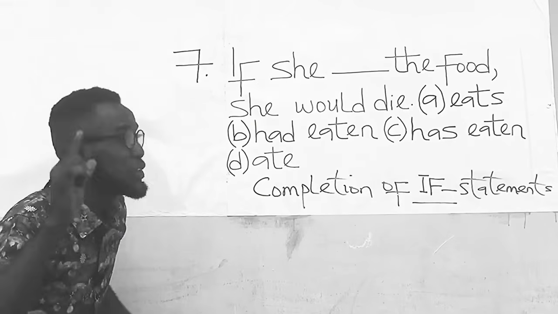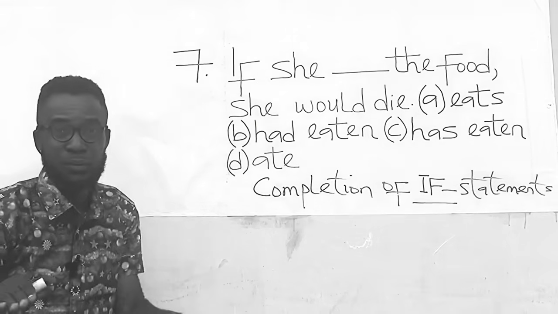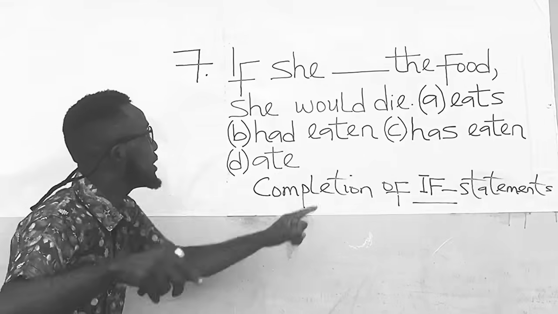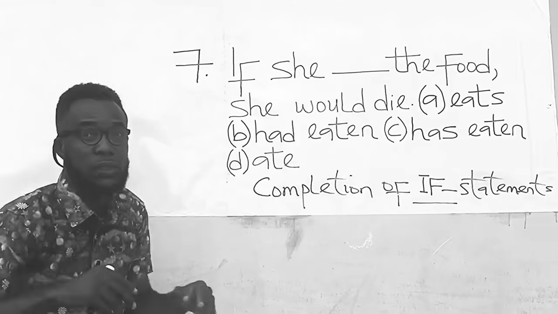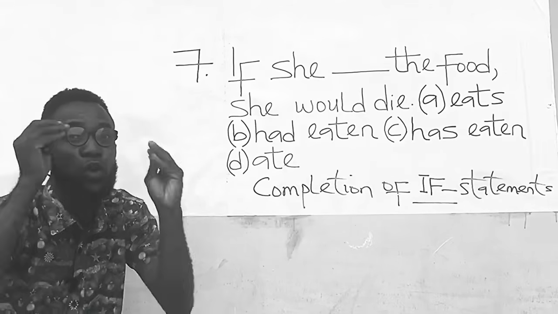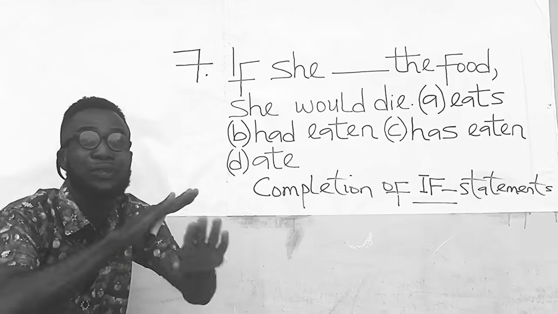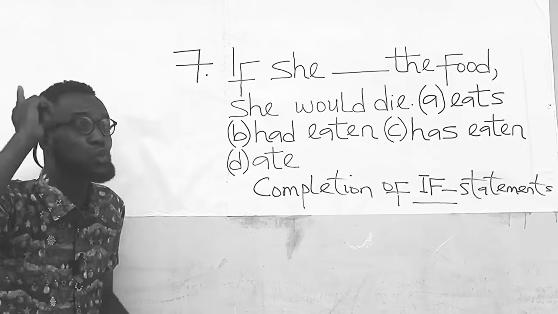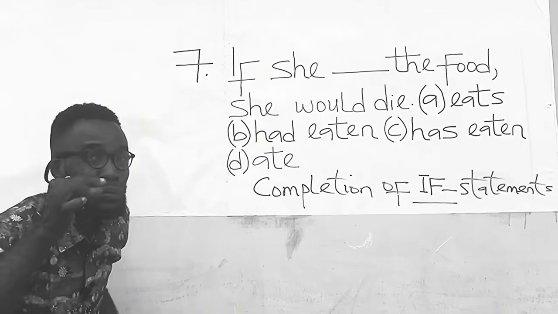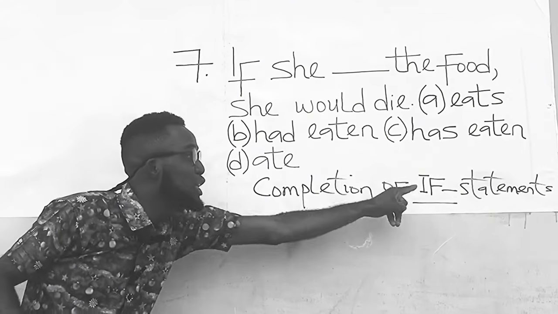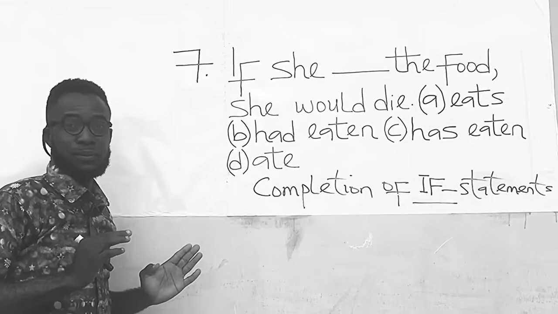If you look at the question the second time, you will find out that there is a gap for us to complete. In other words, they want us to complete this if statement. That is why this question is from the topic completion of if statements.